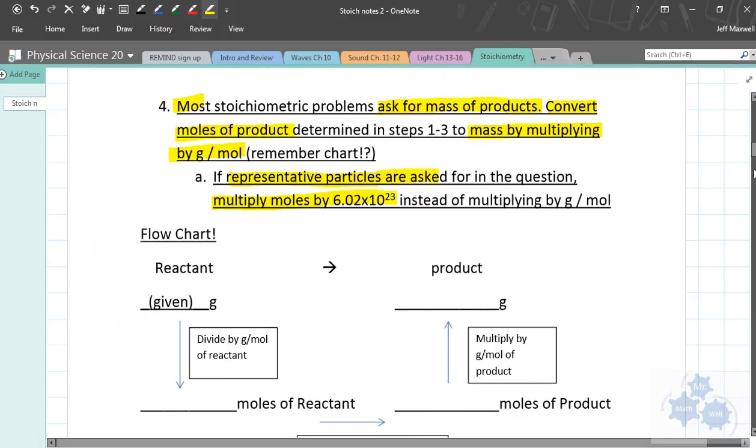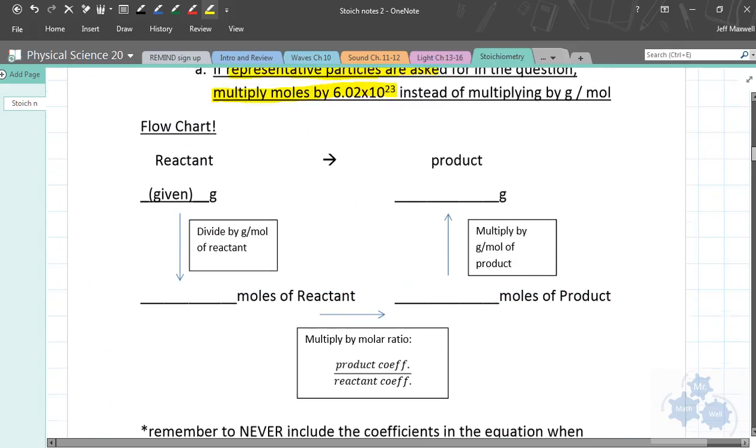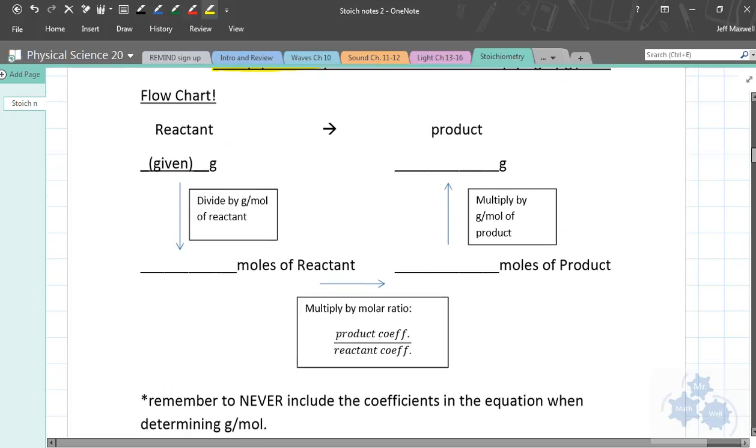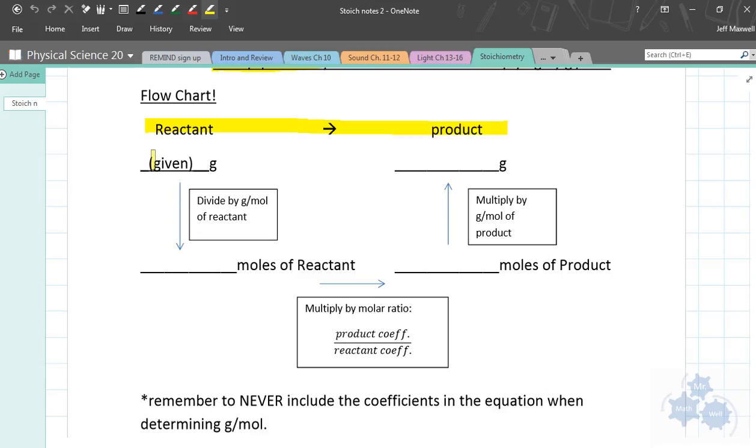Okay, so back to this. I'm going to give you a little flow chart, and honestly, I've found that this works the absolute best. So write this down first. This is your equation, and then I'll talk about this. I am going to ask you to write this flow chart for every stoichiometry question that you do. Trust me, this is not going to be a real hassle.